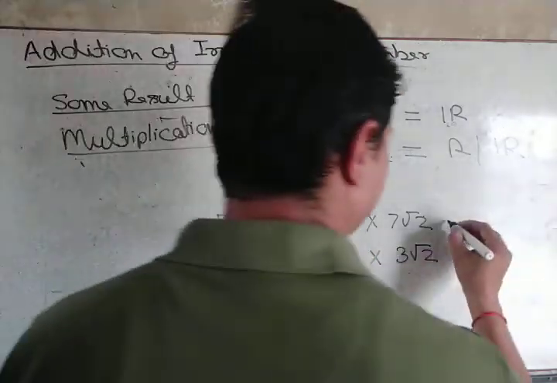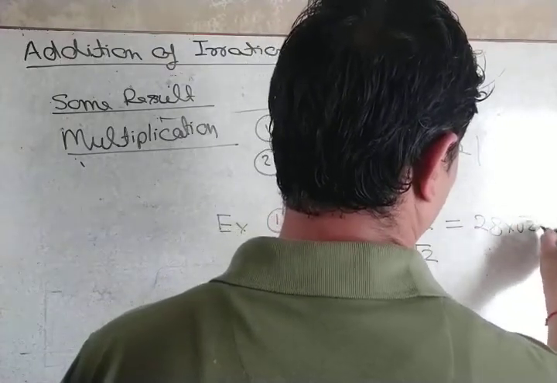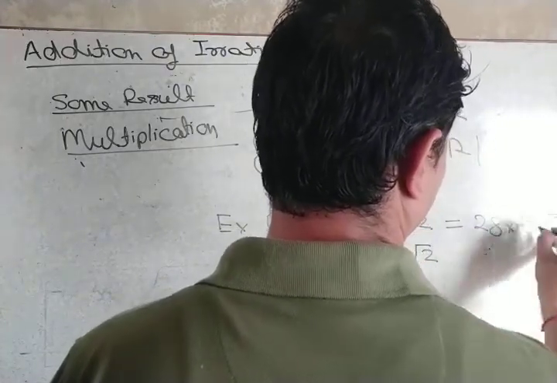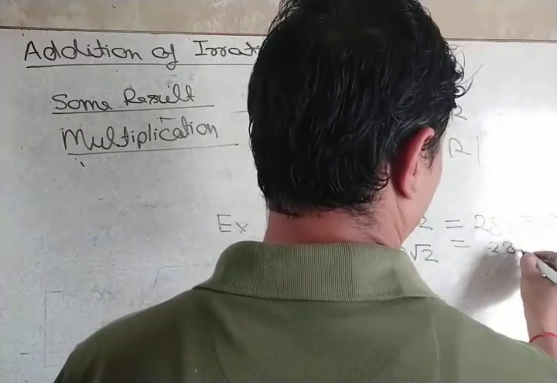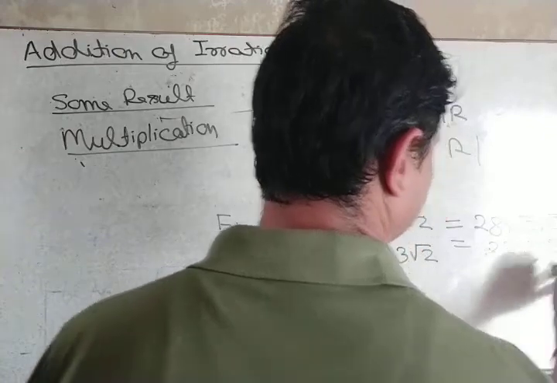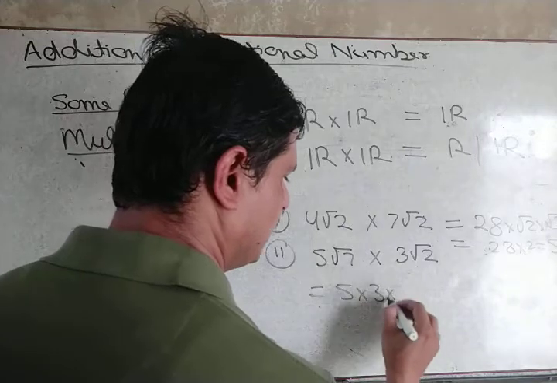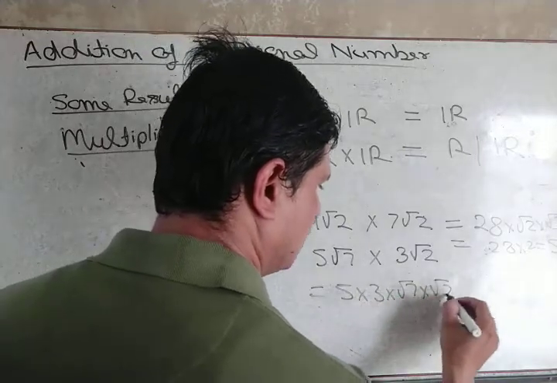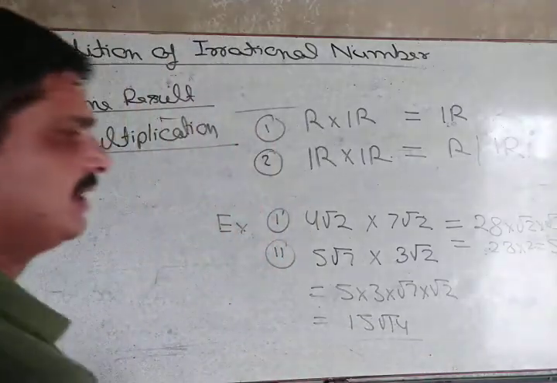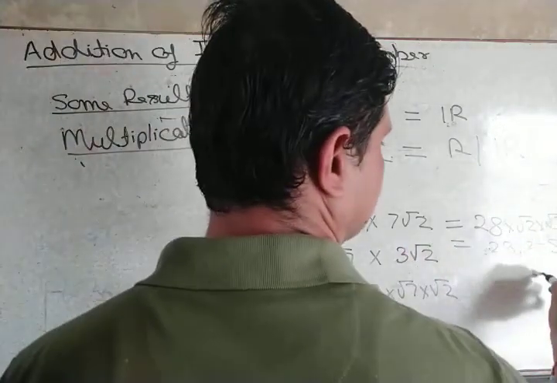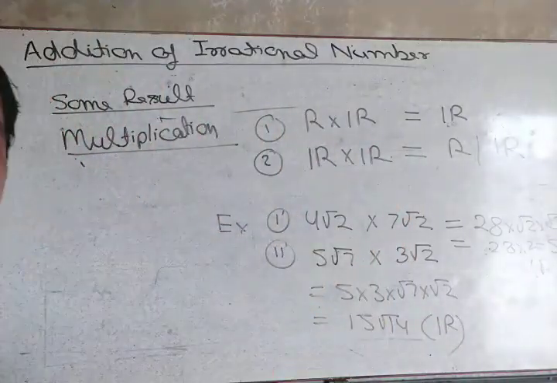Then you multiply, what will we get? 4 root 2 into root 2, that is 28 into 2 is equal to 56. However, when you multiply 5 into 3 into root 7 into 2, what will we get? 15 root 14. This is rational, but this is irrational. So we can get anything.